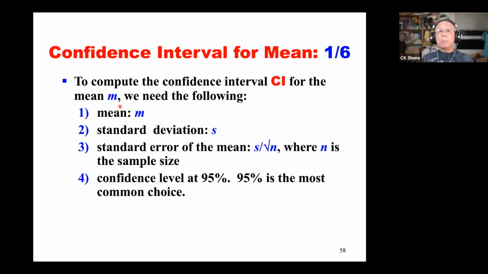We need the sample mean and the sample standard deviation, which can be computed from a sample. Now, the standard error for the mean is the sample standard deviation divided by the square root of the sample size n. Then we choose a confidence level. Most often we use 95%.